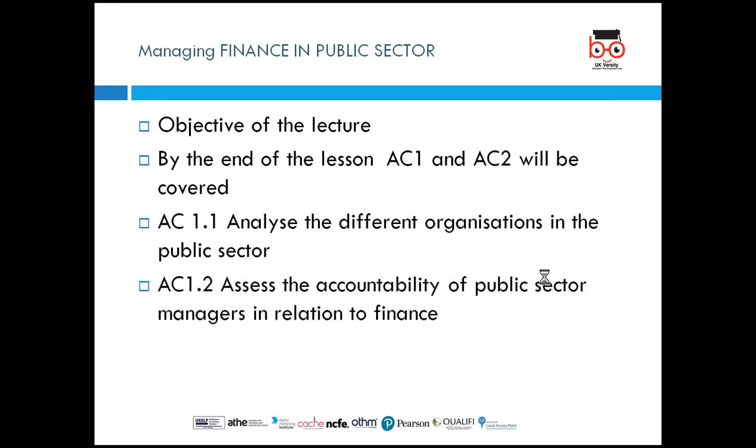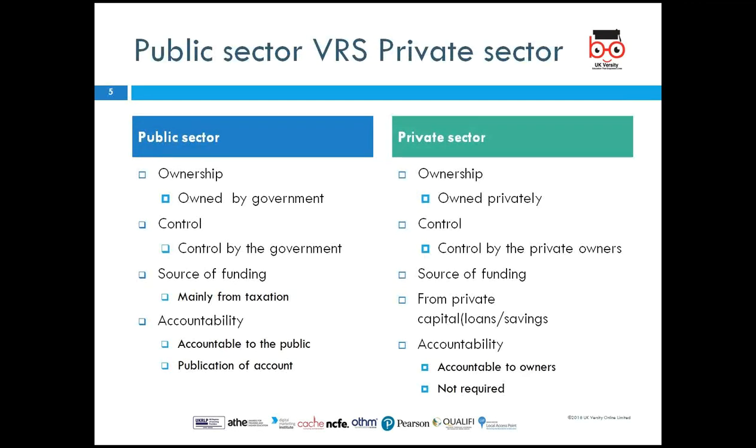This means that you will have the information reported and you need to analyze and understand it. That's all. The objective of our lecture today is to achieve assessment criteria AC 1.1 and AC 1.2.